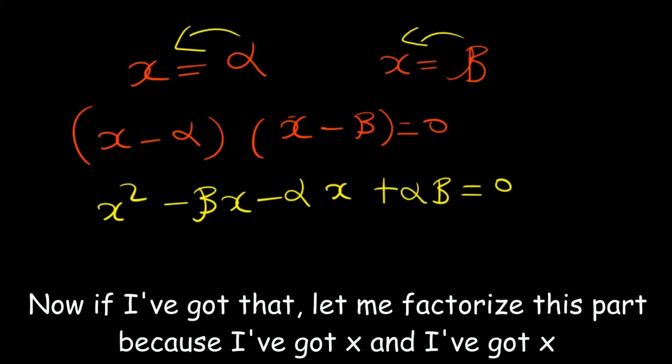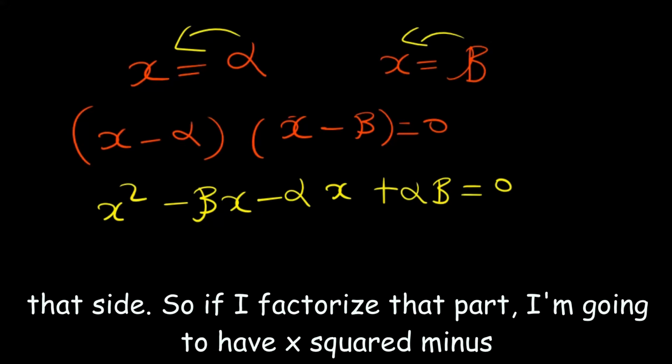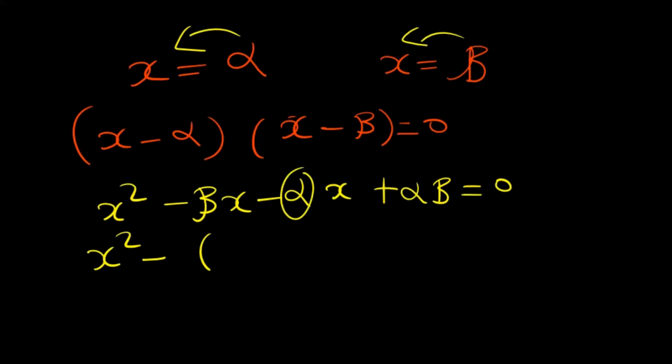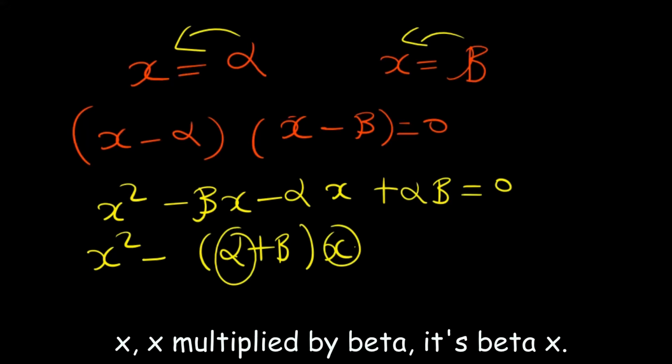Now let me factorize this part, because I've got x here and x that side. If I factorize, I'm going to have x squared minus, starting with the alpha, then the beta, alpha plus beta, then I put the x that side, so that x multiplied by alpha is alpha x, and x multiplied by beta is beta x.